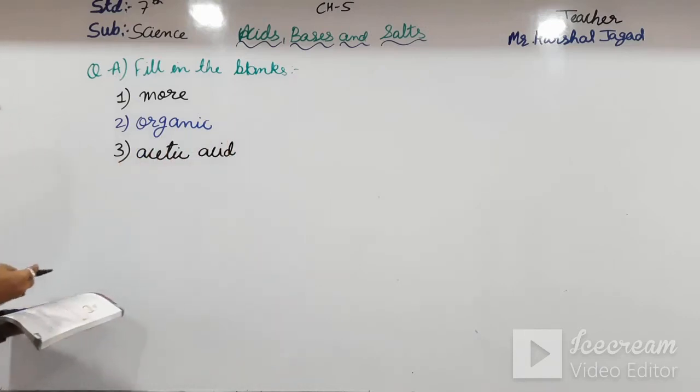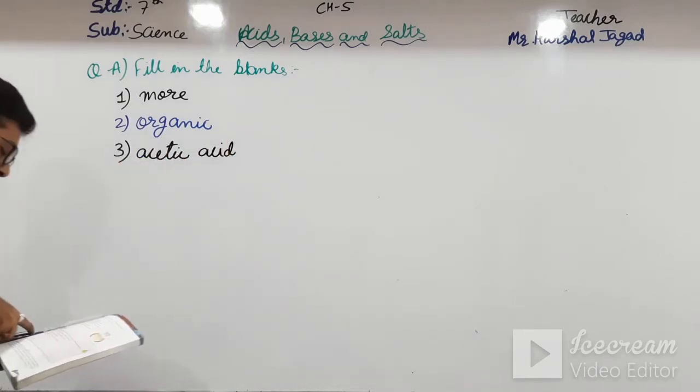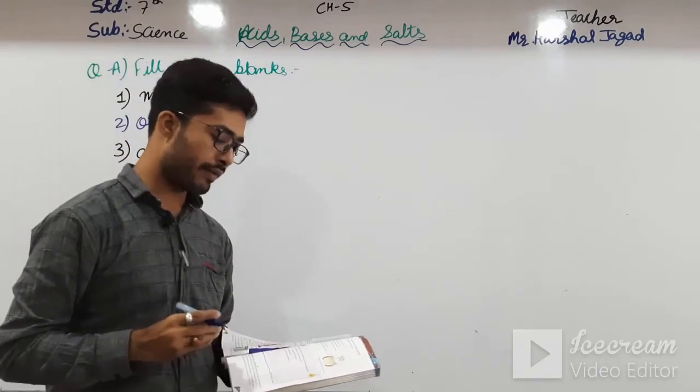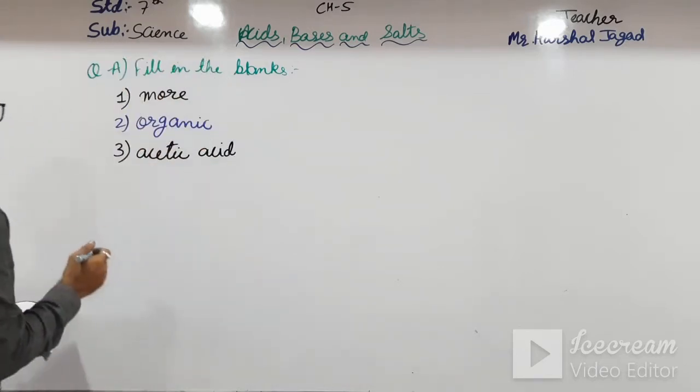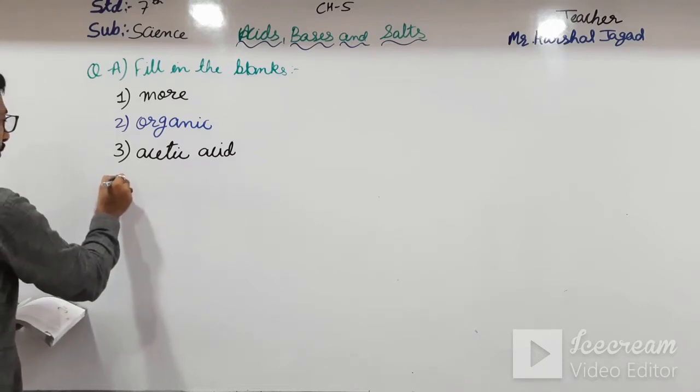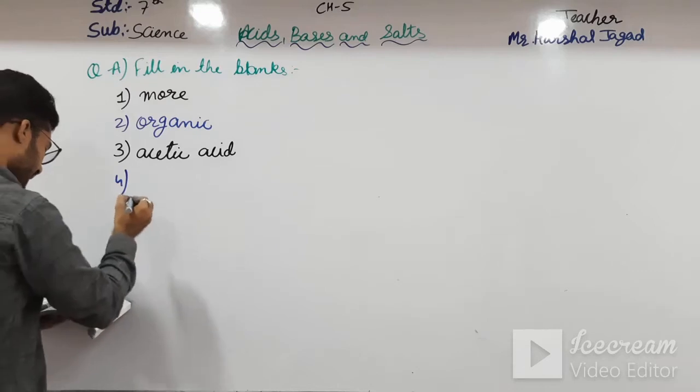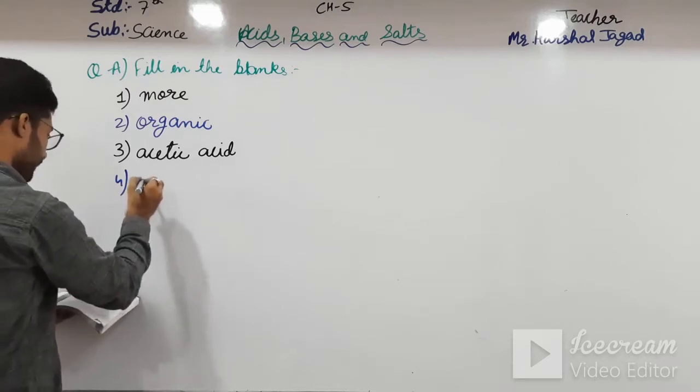Okay students, moving towards the fourth one: mineral acids are dash acids, strong acid or weak acid. In mineral acids there are hydrochloric acid, sulfuric acid and nitric acid. So, they are strong acids.